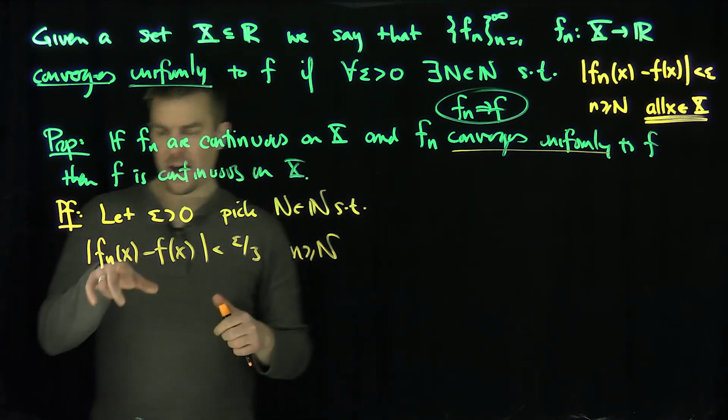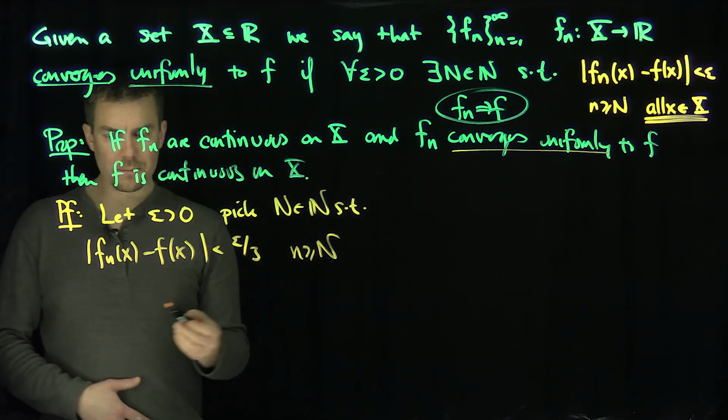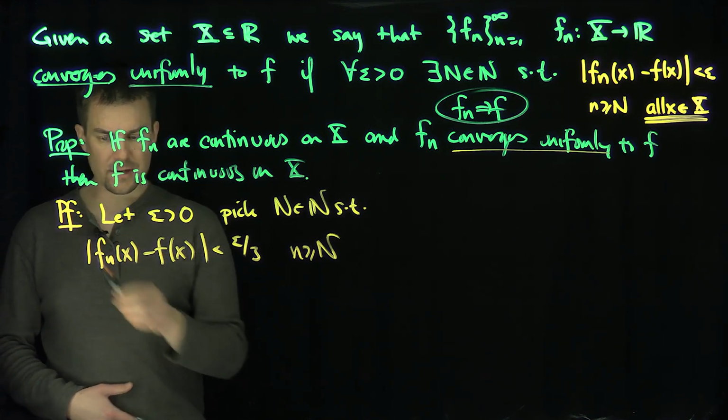Now I know that Fn for any such n is going to be continuous at this point y, right?